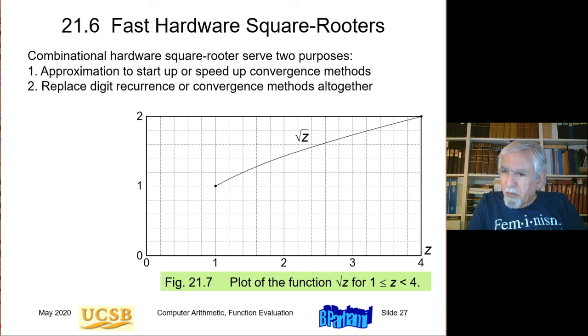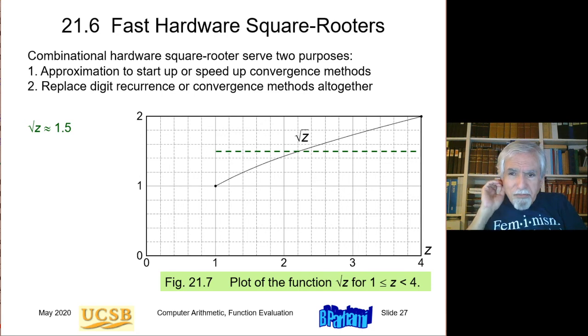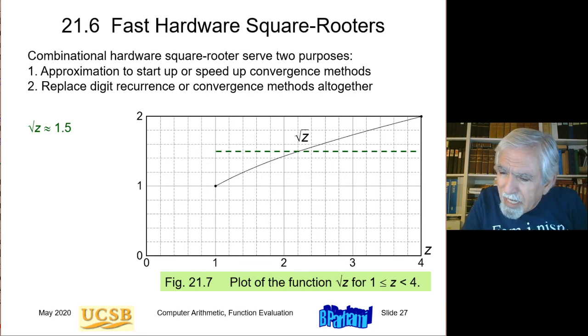This is the function we are trying to approximate. I'm going to show you successively better approximations. 1.5 is an approximation that does not require us to do anything. It's always a constant. That green dashed line is that approximation.